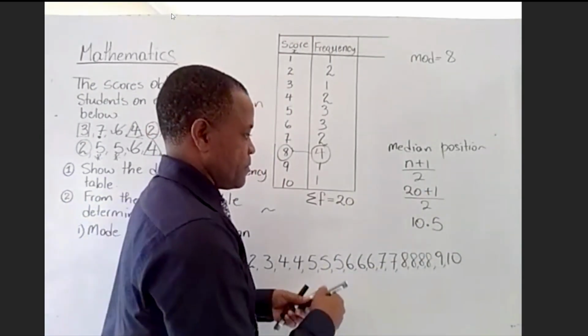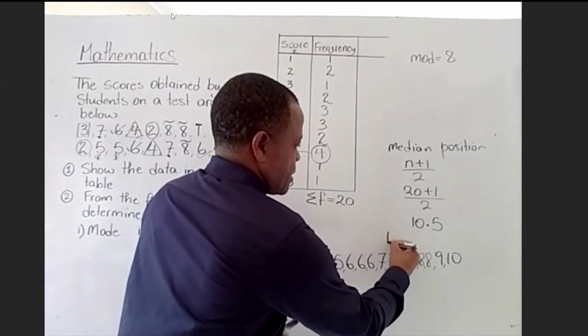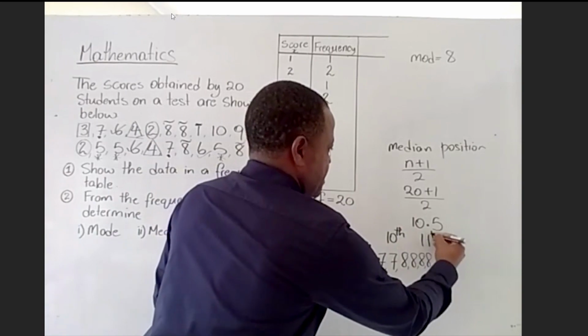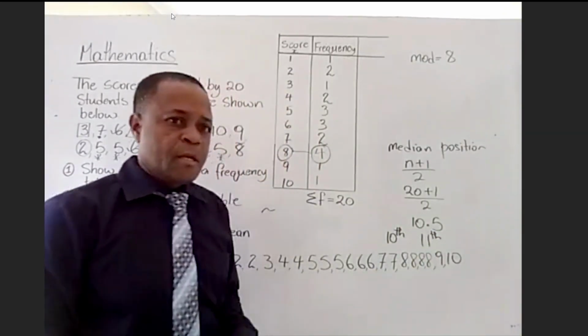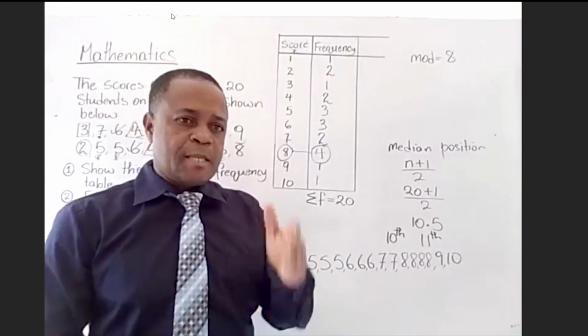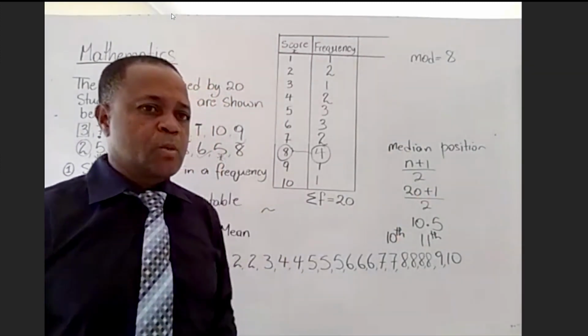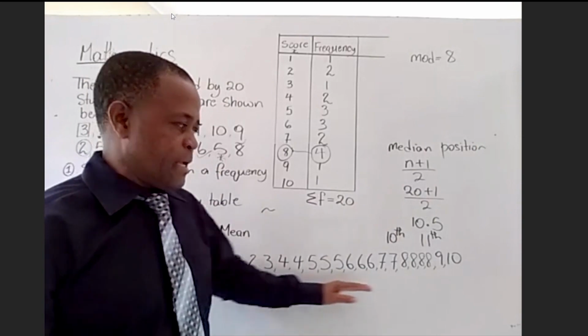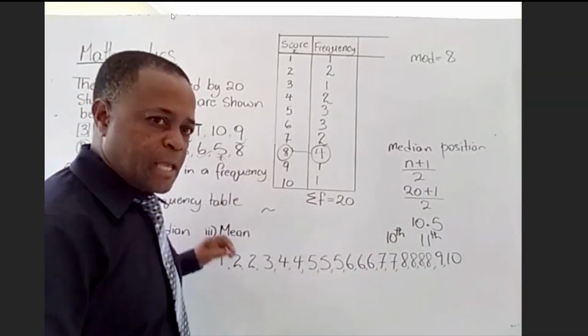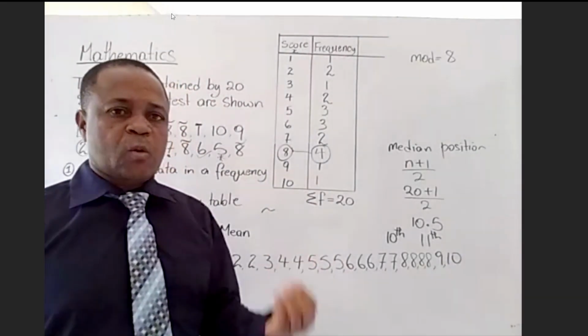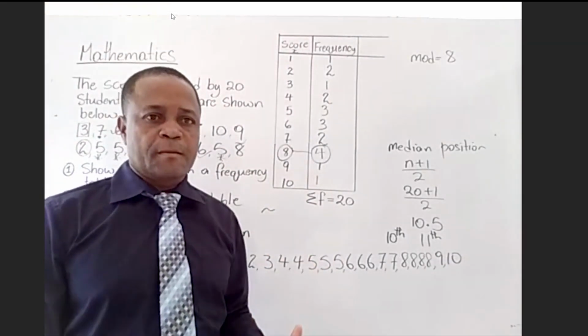It will fall between the 10th and the 11th position. So all we need to do now is to identify the 10th and 11th position and to see which scores would be in those positions.